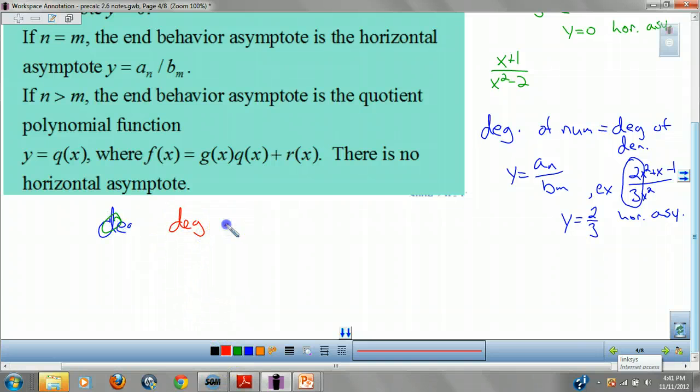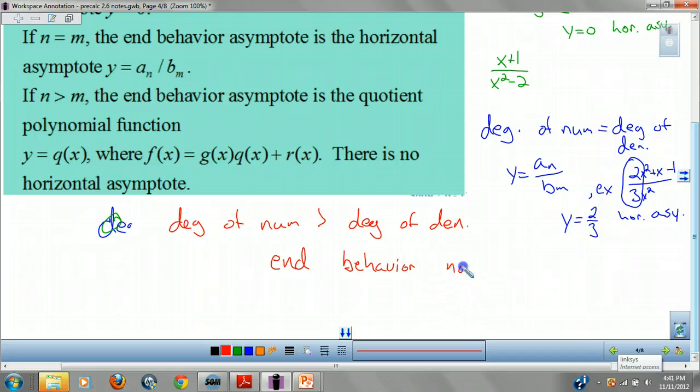If your degree of numerator is greater than your degree of denominator, then your end behavior, you don't have an asymptote, so you have no horizontal asymptote, but your end behavior is whatever the division is, whatever it is if you actually divide them out.